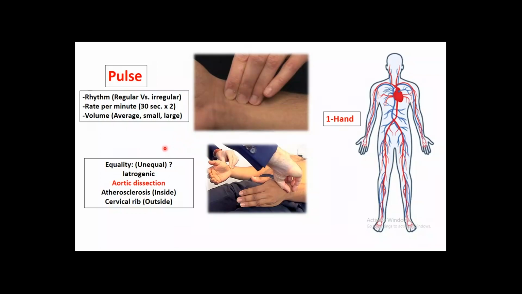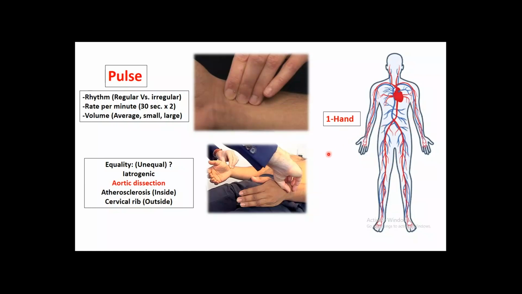What are the causes of unequal pulse? The most common cause is iatrogenic, following radial puncture for cardiac catheterization or ABG sampling. The most dangerous cause is aortic dissection, which causes damping of the flow to the left subclavian artery, causing unequal pulse on both sides.